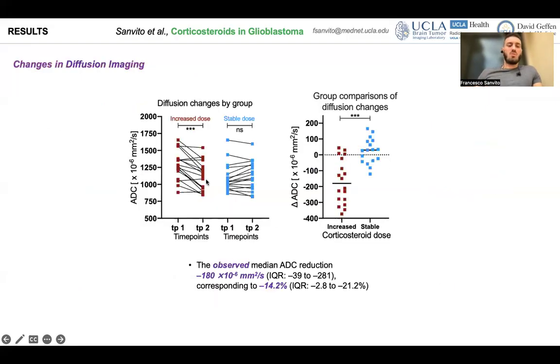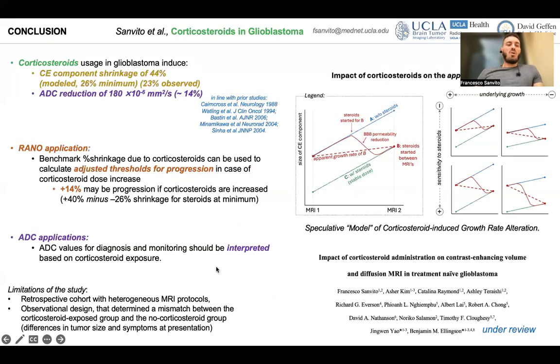In terms of diffusion, we saw that the increased corticosteroid dose group had a diffusion restriction with a decrease of 180 median units, which corresponded to around 14%, whereas the stable dose group did not have a significant change from baseline. Overall, we are trying to characterize this, and hopefully more studies will add more data to have a quantitative estimate of the shrinkage induced by steroids and the diffusion drop induced by steroids.